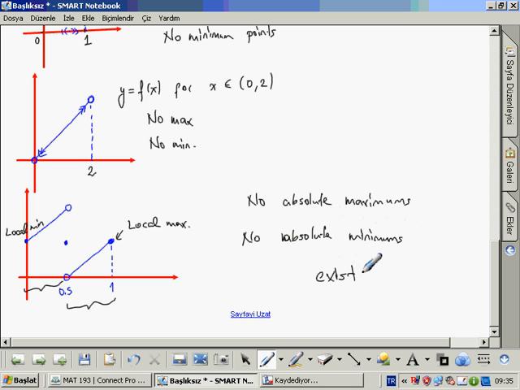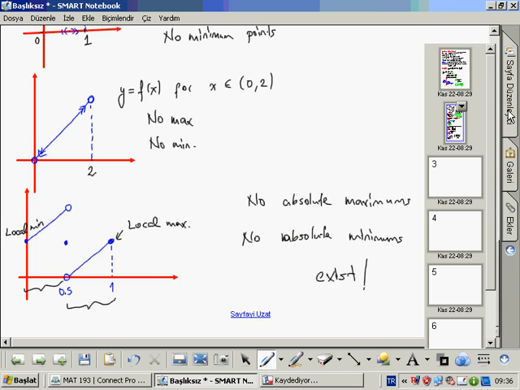If you say this point is a local maximum, I can say the same point is a local minimum, so which one is the absolute maximum and which is the absolute minimum? So you can say that. After this example, we continue with extreme values on open intervals.